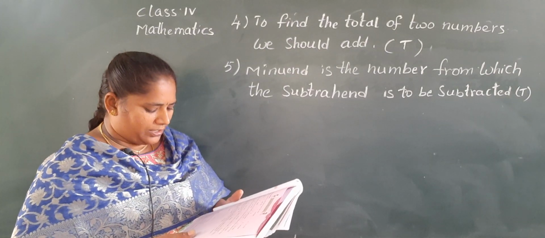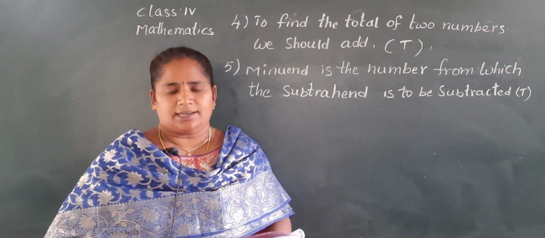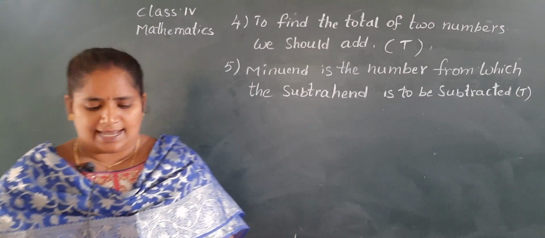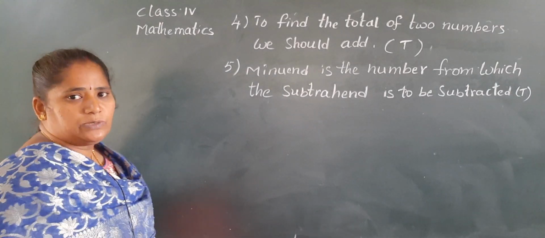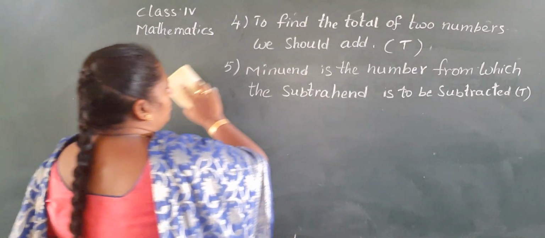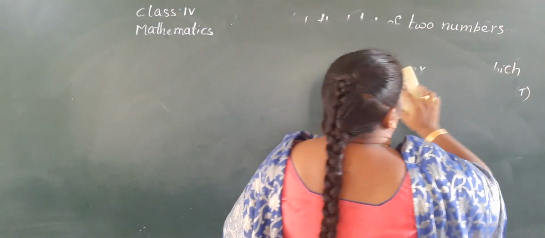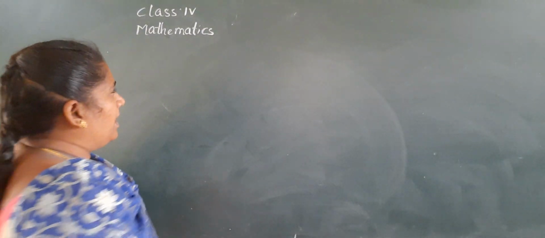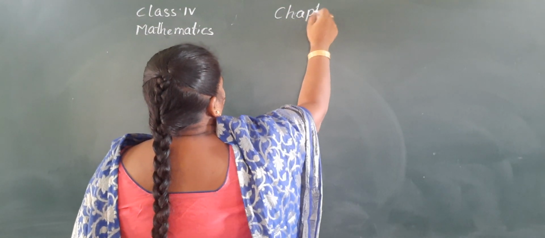Now, solve the following word problems. Come on, all of you, open your maths classwork and write chapter revision. Can I rub this one, children? You complete this in the textbook up to true or false.